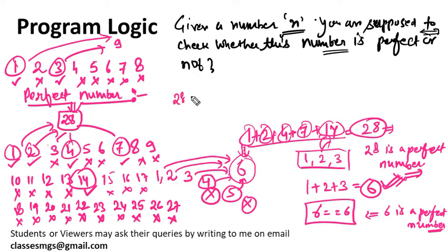So 28 percent 2 should be equal to 0. The remainder should be 0. Then only you can say that this number is completely divisible. So 28 % 3, then the remainder will not be 0. In that case the remainder will be 2. So it is not perfectly divisible. So in case of complete division, the remainder will always be 0.